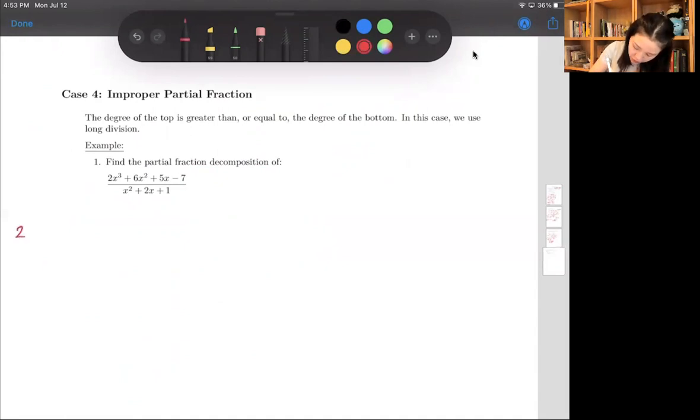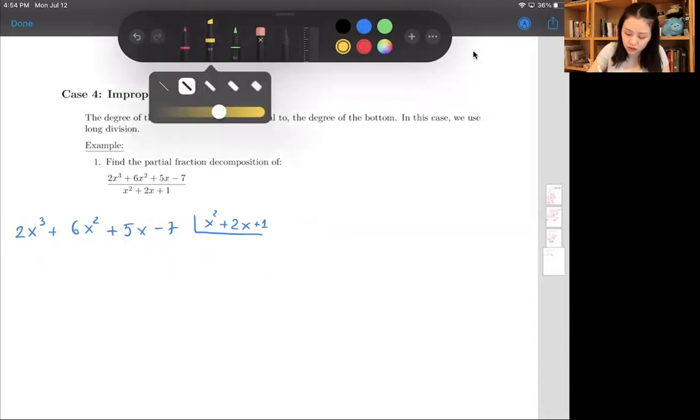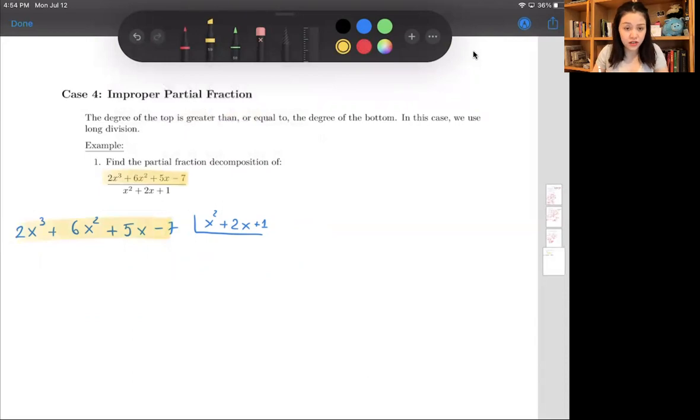So I have 2x cubed plus 6x squared plus 5x minus 7, long divided into x squared plus 2x plus 1. Notice that when you write out the dividend, by the way, the dividend is this guy, make sure that every degree is included.